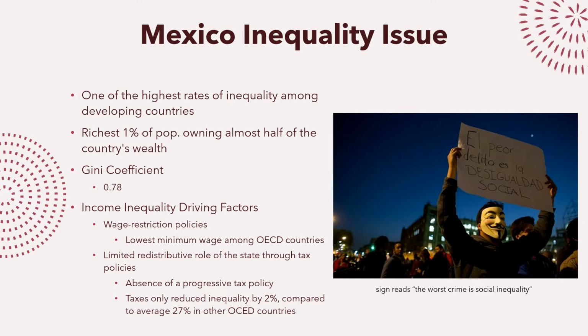Taxes only reduce inequality by 2% compared to an average of 27% in the other OECD countries. The picture on the right shows a Mexican holding a sign in Spanish, and the sign reads, "The worst crime is social inequality." There have been many riots and marches in Mexico to help fight against this social inequality.